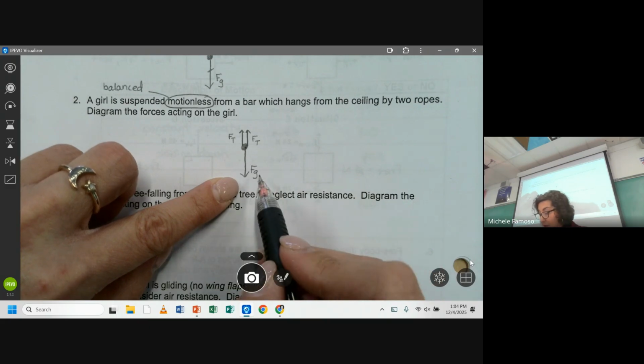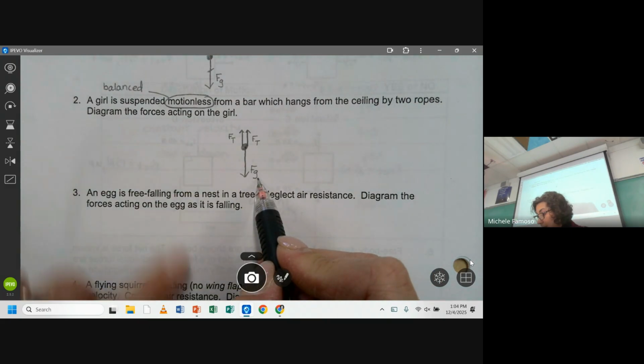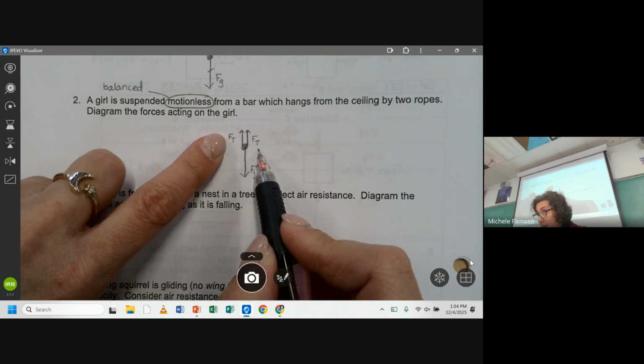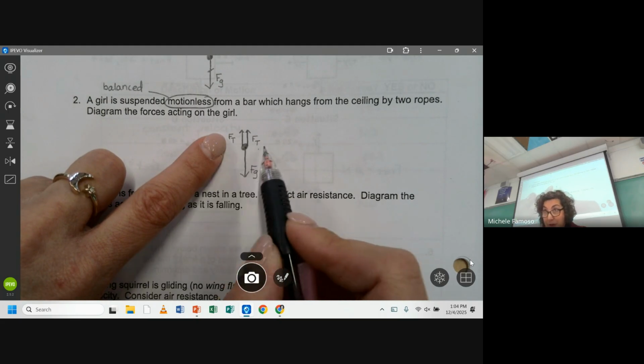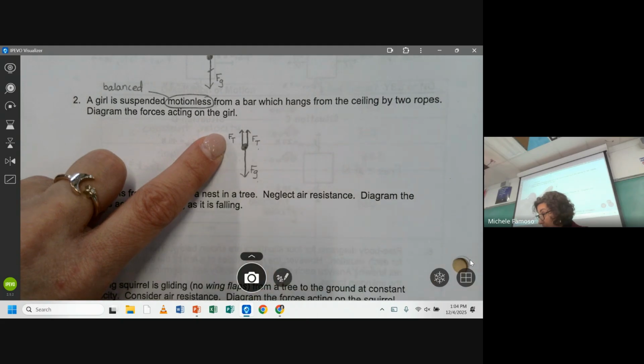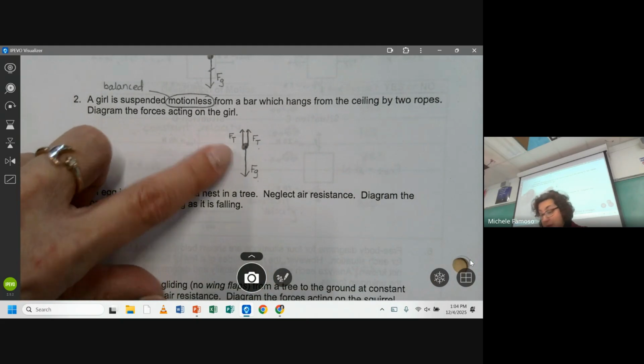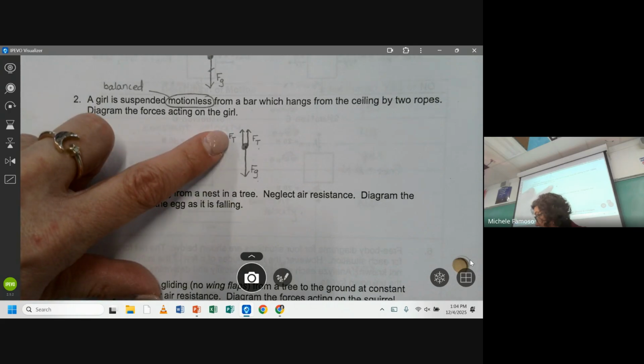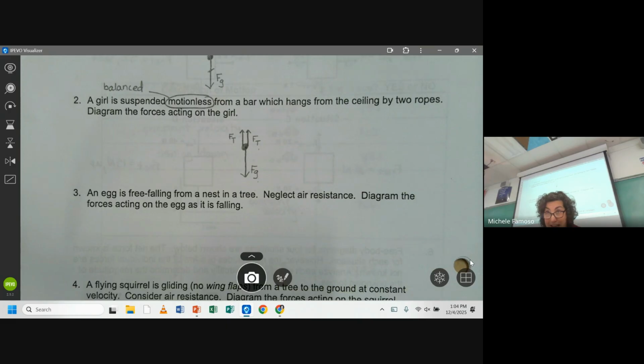So if the force of gravity was 10 newtons, then each of those tensions would be how much? 5. 5 plus 5 to give me 10. So because they are smaller than this, I have to make each of those arrows smaller. And there are no hash marks I can put, because there's nothing there that's the same size. You with me? Okay, let's go to number 3.